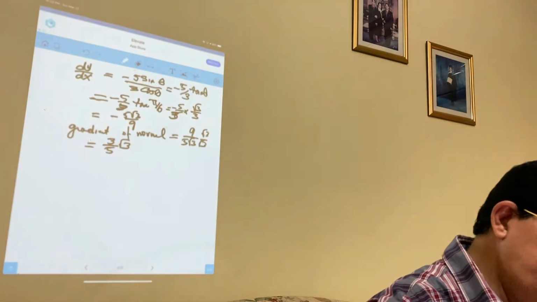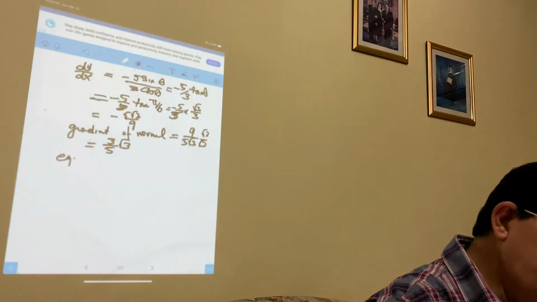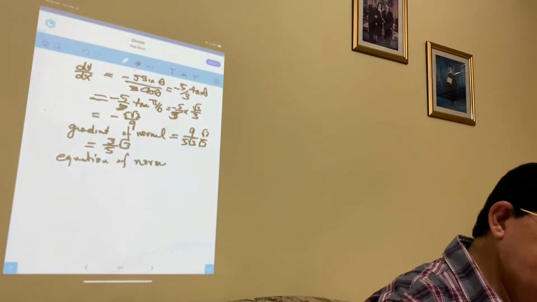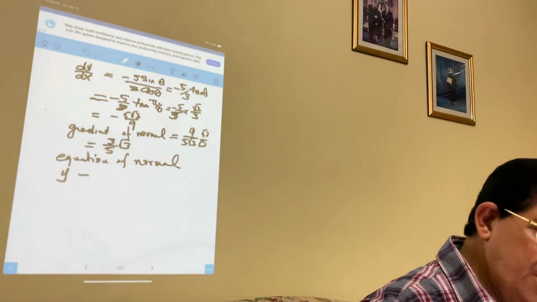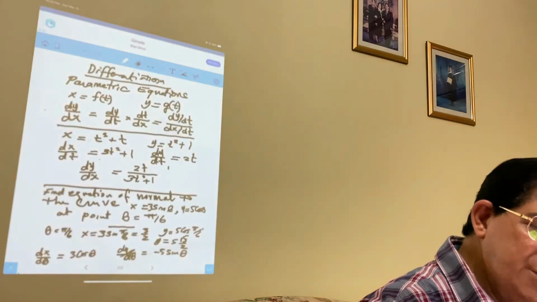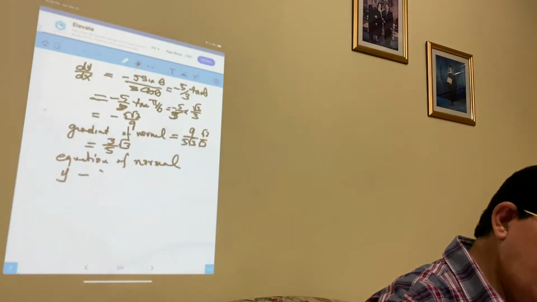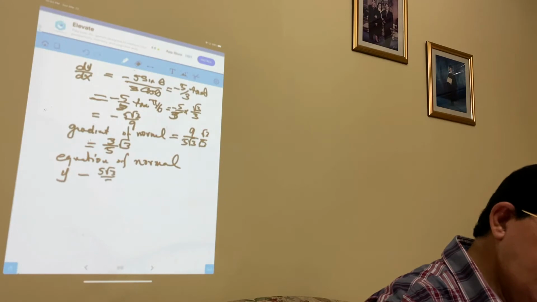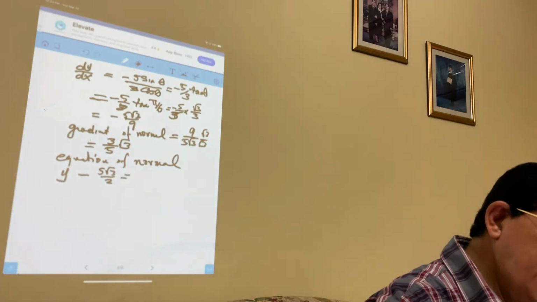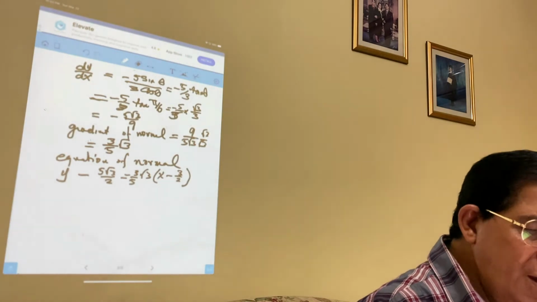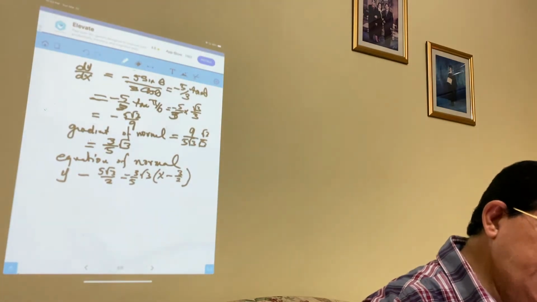This is the gradient. But what is the equation of the normal? y minus the value of y we got in the previous page, which is 5√3/2, equals the gradient 3/(5√3) times x minus 3/2. Let us multiply the whole equation by 10.